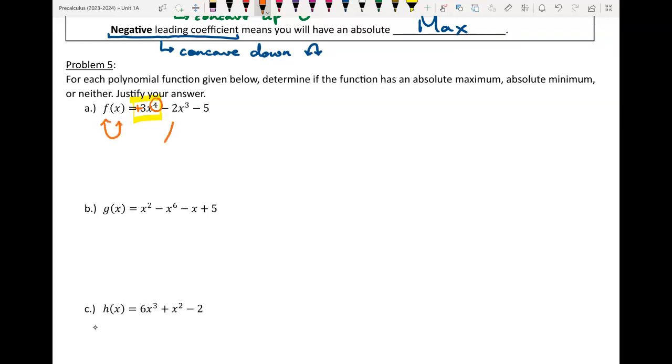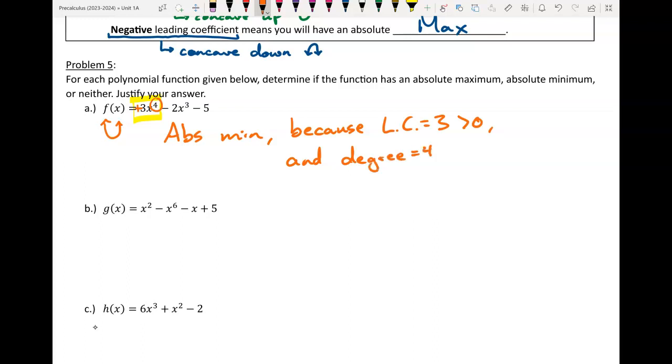So that gives us an absolute minimum because our leading coefficient, which is 3, is positive, it's greater than 0, and our degree, which is 4, is even.